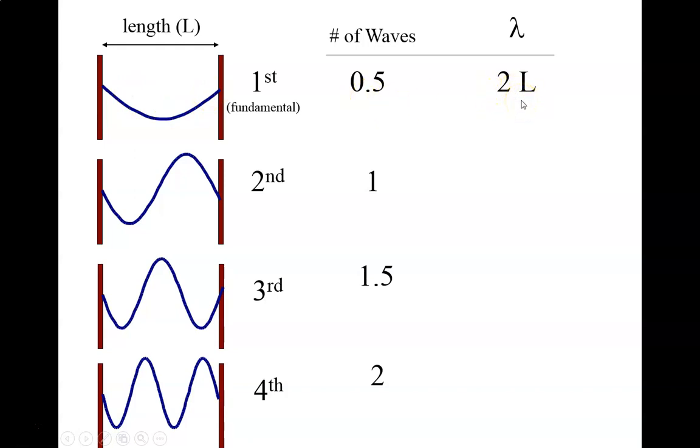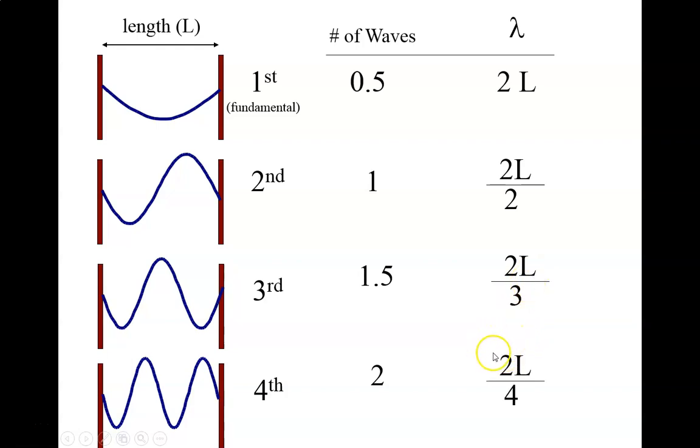This is my longest wavelength that will create a standing wave, my lowest frequency. For my second harmonic, my wavelength is just L. For my third harmonic, I get 1.5 waves in there, so it's 2/3 L.